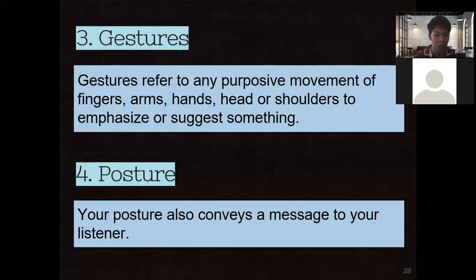We also have the posture. Your posture also conveys a message to your listener. It comes to when you have slumped shoulders, or when you are bored, or anything that you feel inside, it will manifest in your posture.